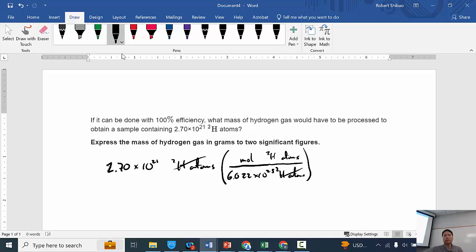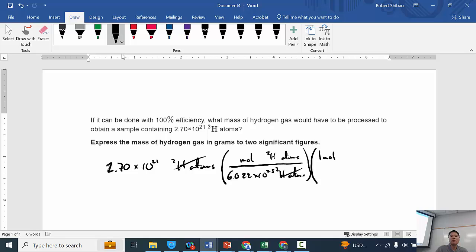All right, now I'm at moles, so where can I go from moles? What is a chemical formula, a mass ratio or a mole ratio? Mole ratio. And so I just use the composition of hydrogen gas. Hydrogen gas is diatomic.